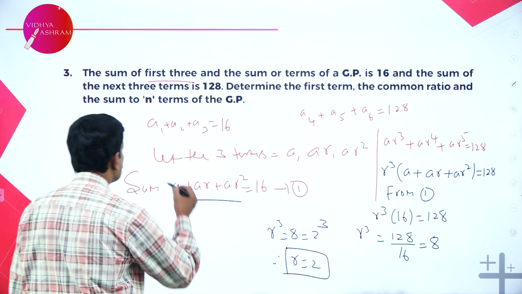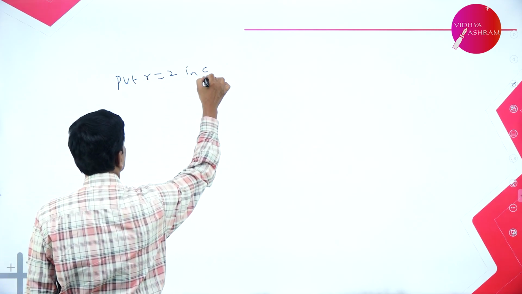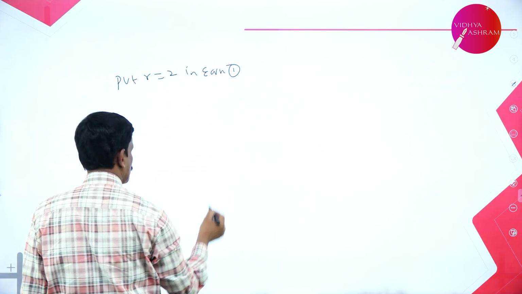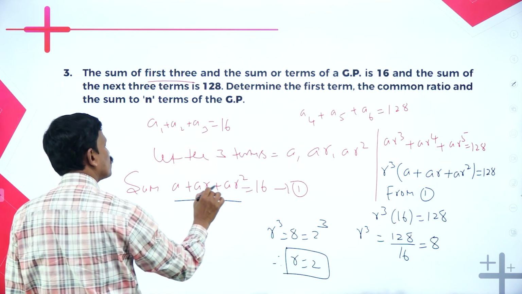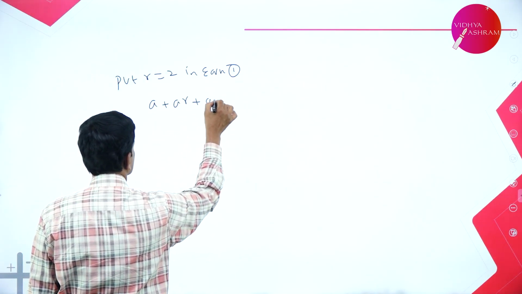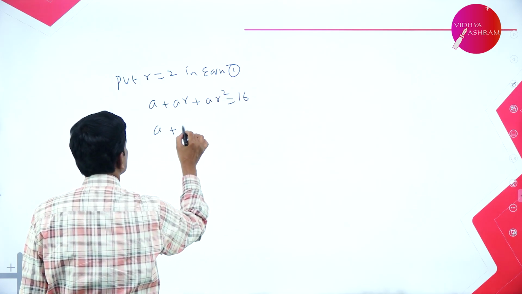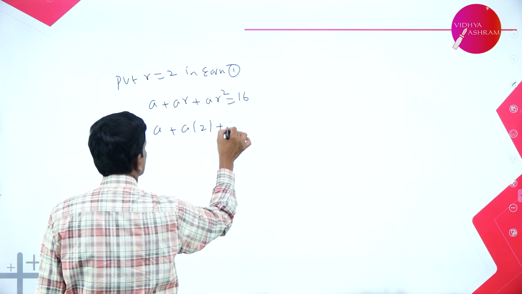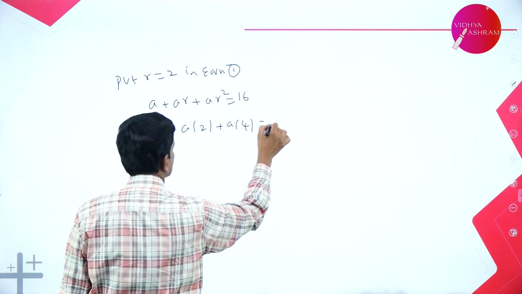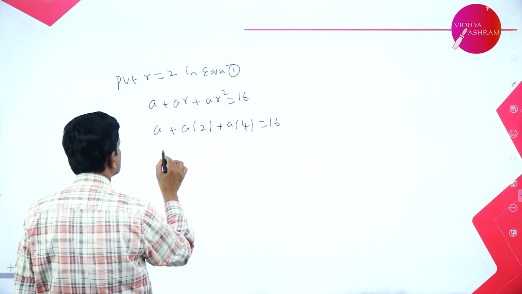When R is equal to 2, put R is equal to 2 in equation number 1. What is equation number 1? A plus AR plus AR square is equal to 16. A plus A into 2 plus A into 2 square, 4, is equal to 16. 4 plus 2, 6 plus 1 is 7.